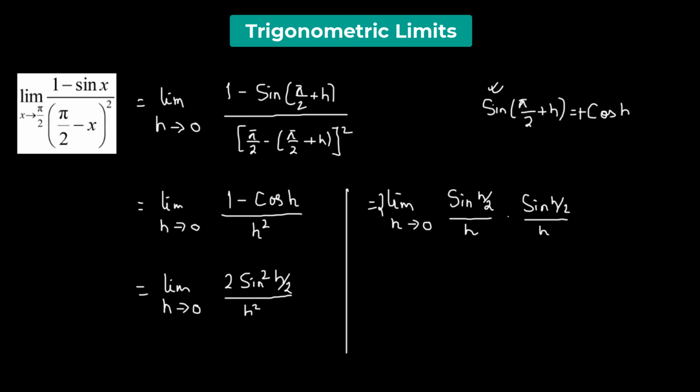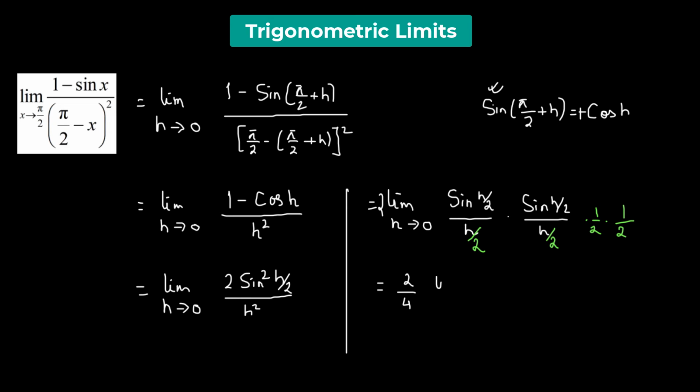Now we need an h over 2 in the denominator, so we need to multiply by half. Similarly, we also need an h over 2 over here, so we multiply the entire function by half. So that will be 2 times 1 over 4, since half times half is 1 over 4.